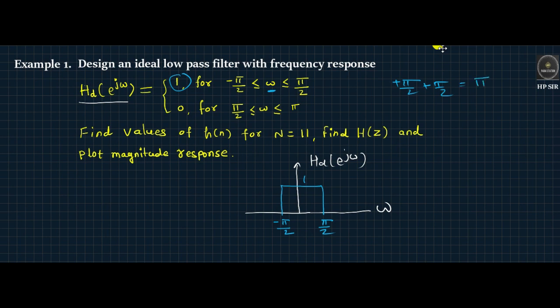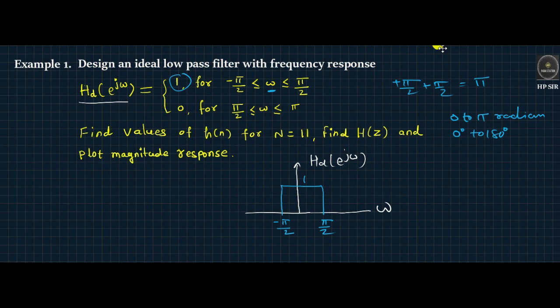It means the frequencies we have are 0 to pi radians, and in degrees, 0 degrees to 180 degrees. At the end of the example, we will obtain the values of the magnitude of the frequency response for omega from 0 to 180 degrees.